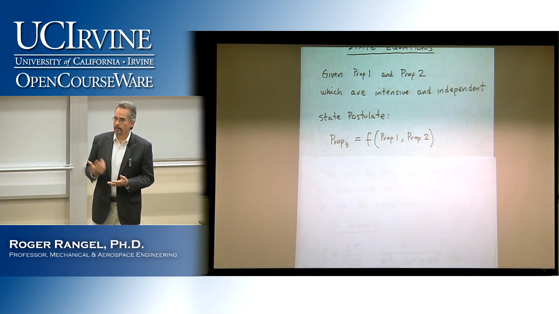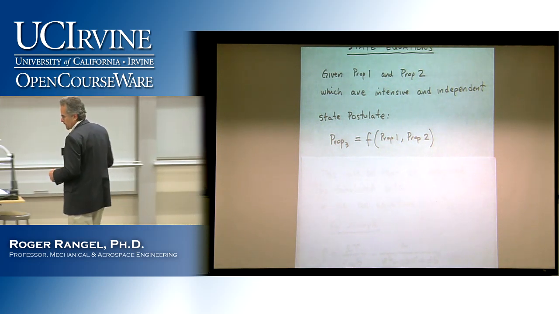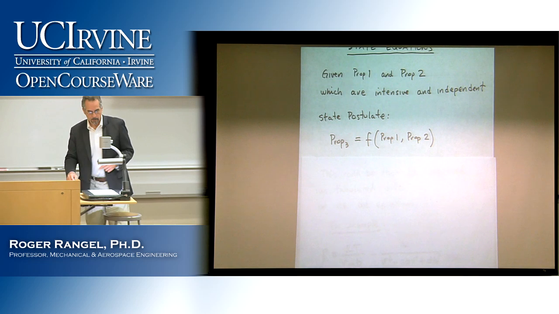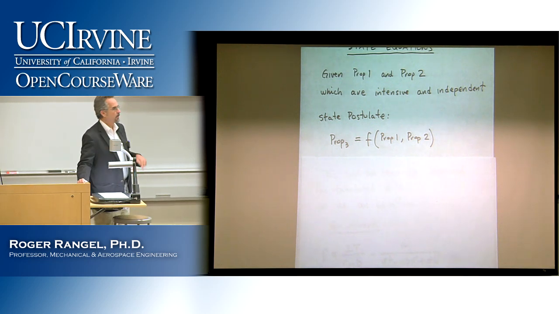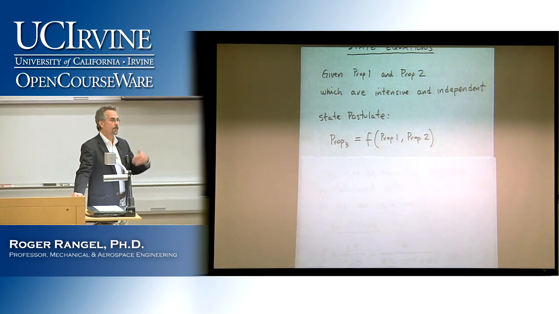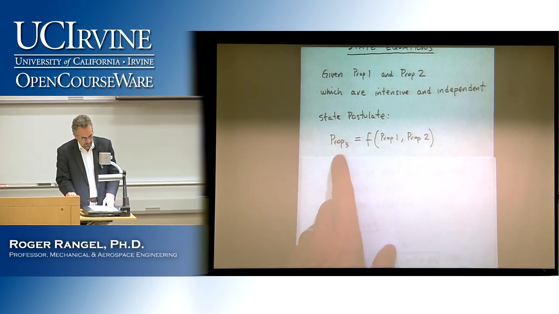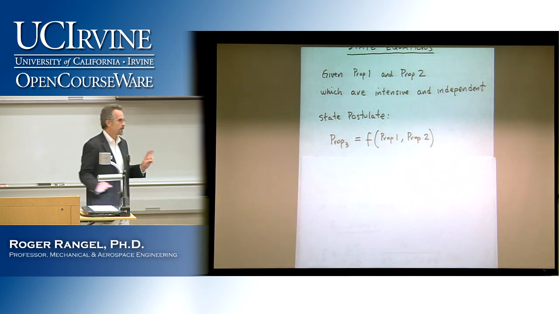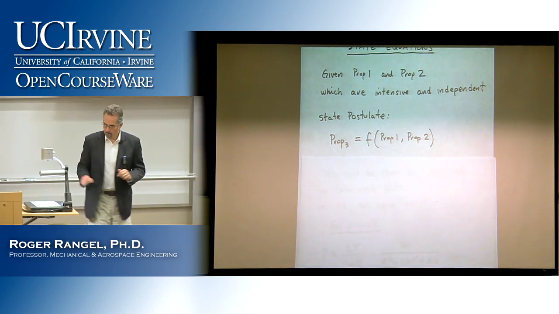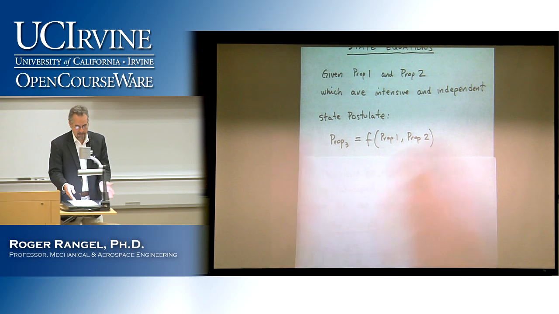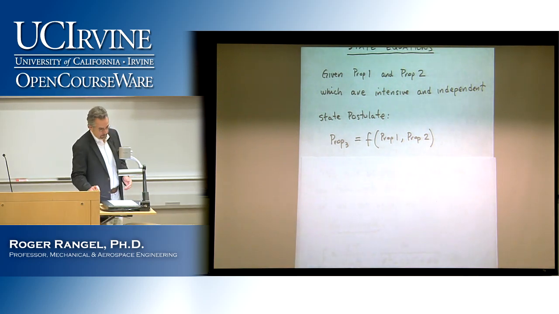In this case, I'm just calling it property 3. So given property 1 and property 2, which are intensive and independent, I know that I can find property 3 and obviously also property 4, property 5, any other property. And I know it's going to be a function of those two properties only. I don't need anything else. I just need those two properties. That's sort of a mathematical way of writing the state postulate.